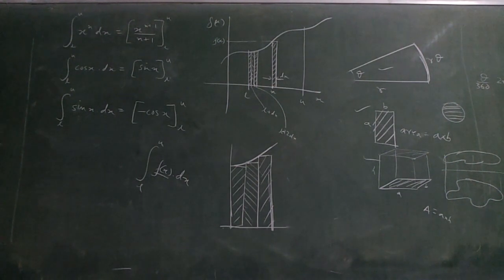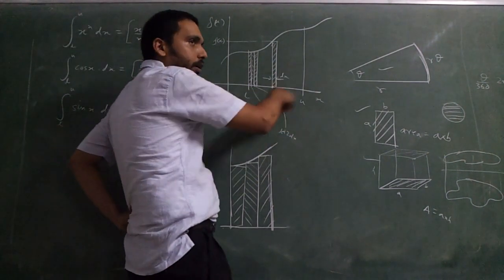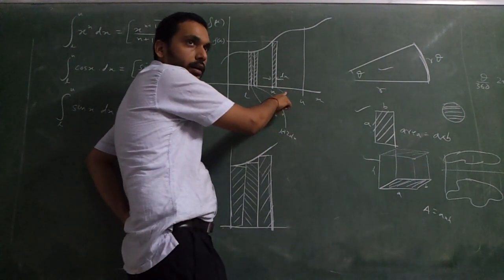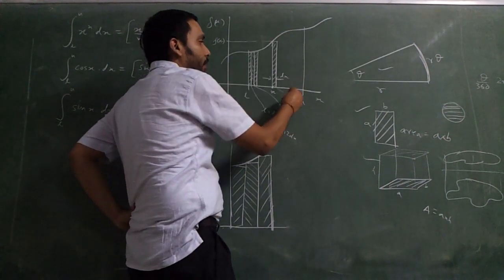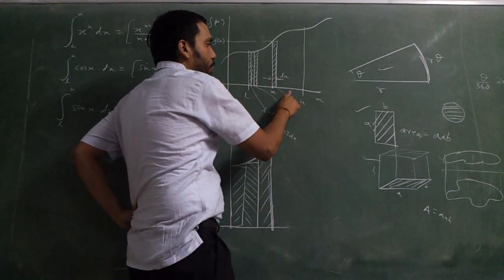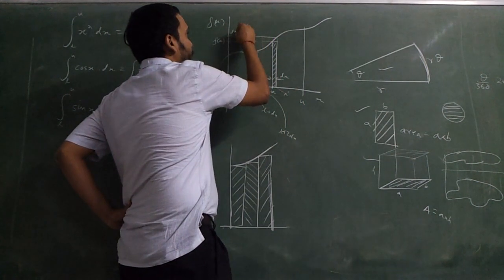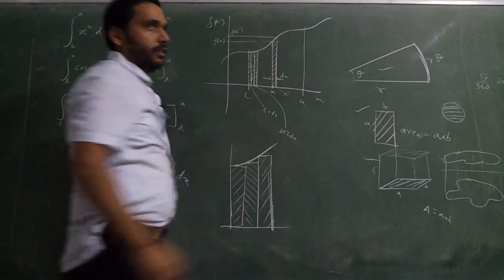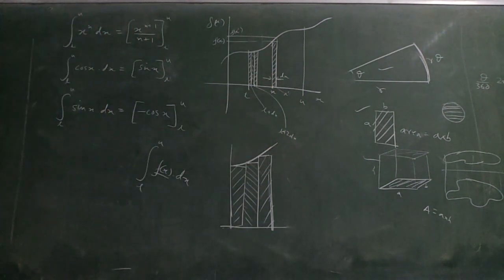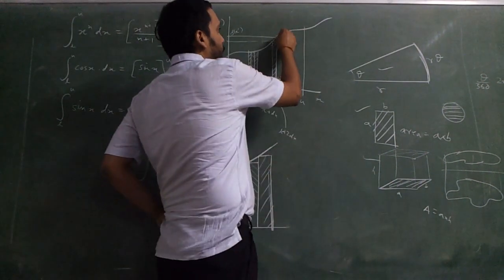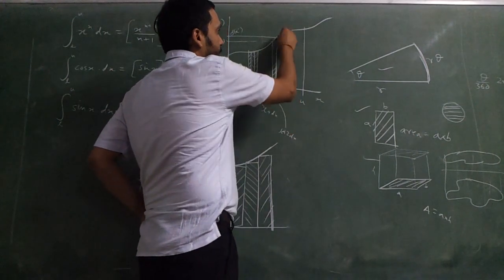So when it goes to the next x in the loop, x plus dx becomes your x. Say this is x dash, so your next height becomes f of x dash, f of x plus dx. That's dy more height, and then we'll do that rectangle.